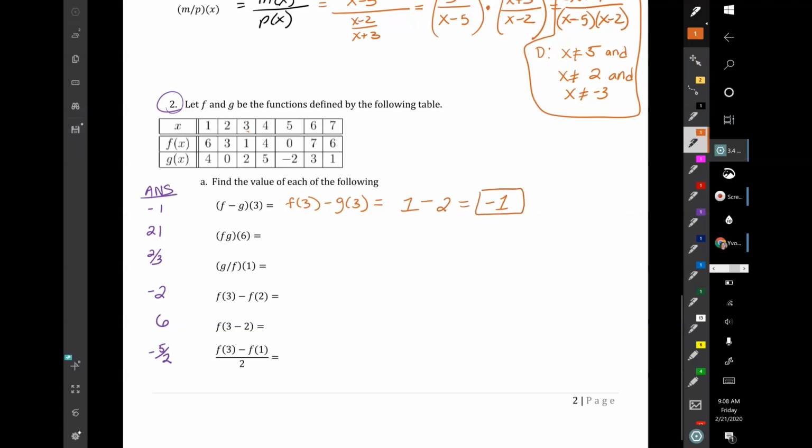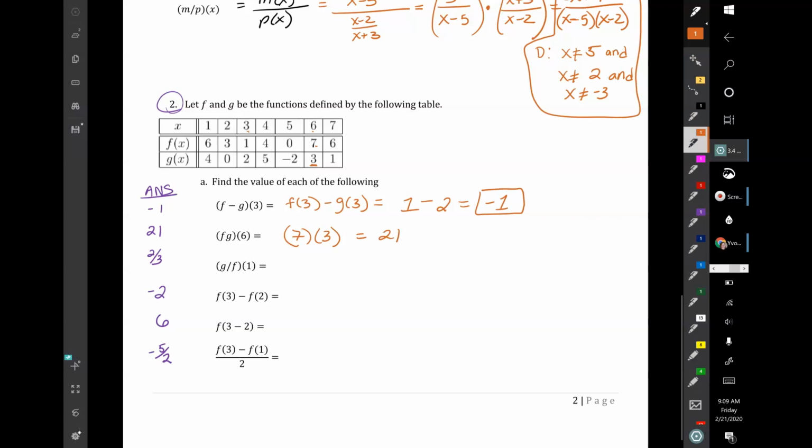f times g of 6, I'd have to find the 6 for my x value. The f of x output is going to be 7. The g of x output is right here at 3. So my answer is 21. So you notice I'm kind of skipping writing out all the separate things.